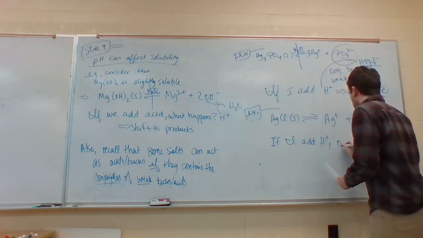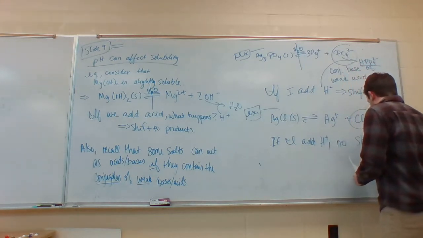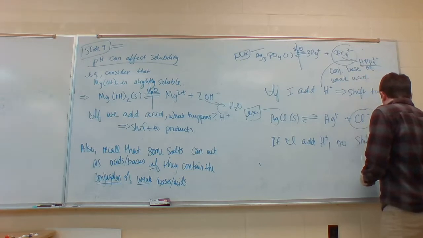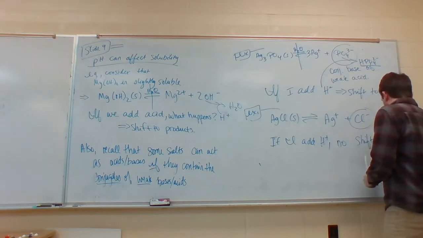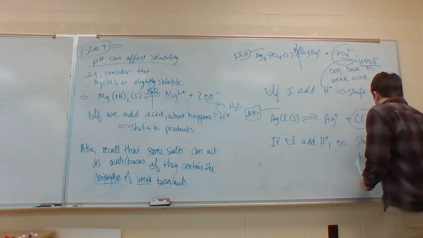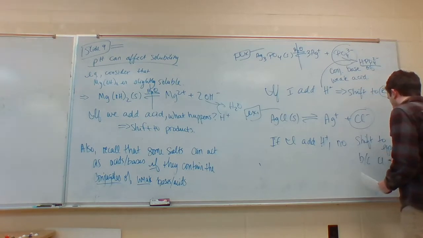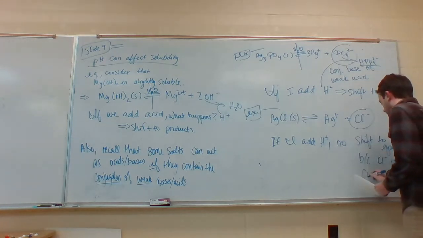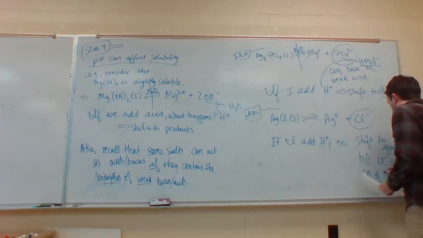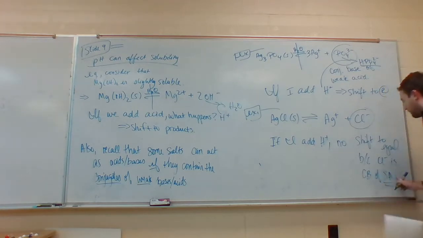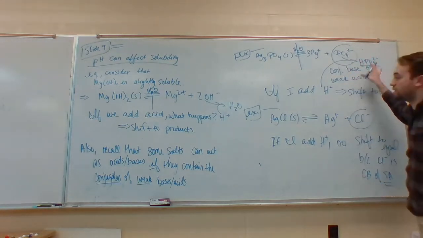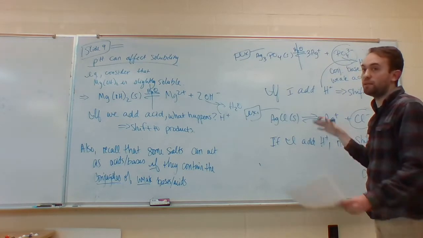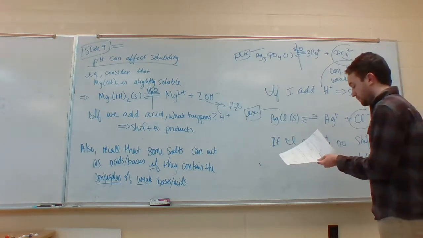So no shift to equilibrium because Cl- is the conjugate base of a strong acid. Again, only the weak acids and the weak bases will be able to have any effect on our equilibrium.